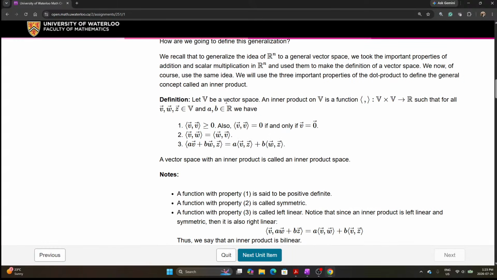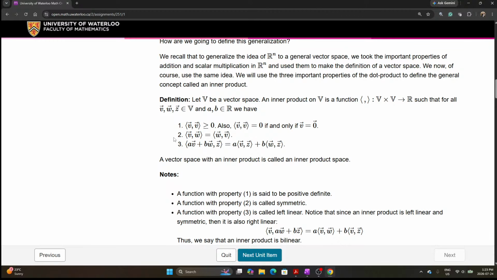Here, let V be a vector space, and here it actually means a real vector space, meaning the scalar multiplication uses real numbers as scalars. An inner product on V is a function that takes two vectors in V and returns a real number that has these properties, so it is defined axiomatically.